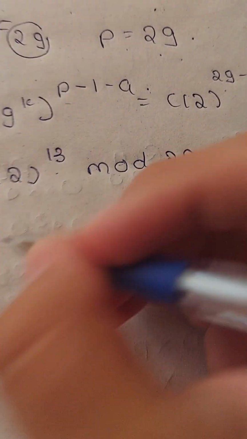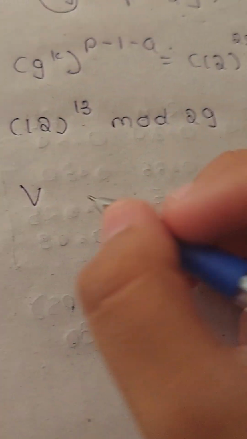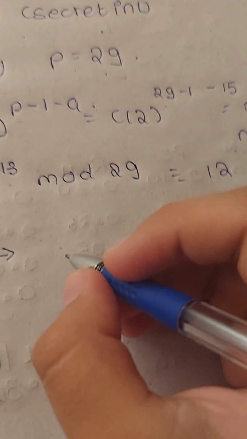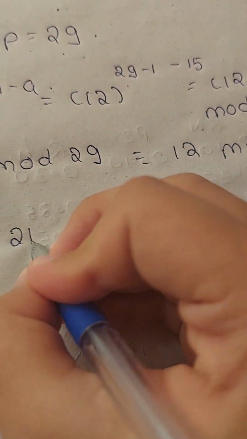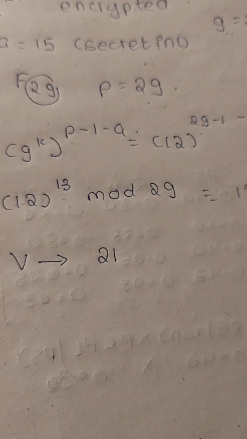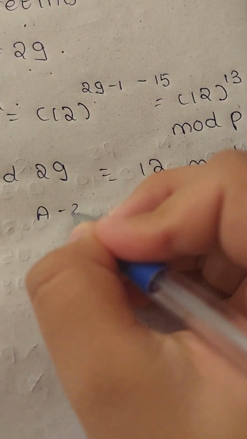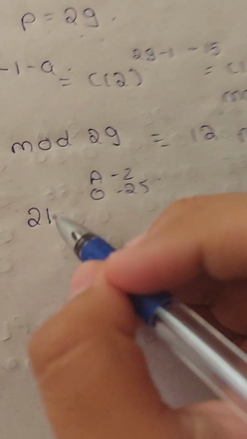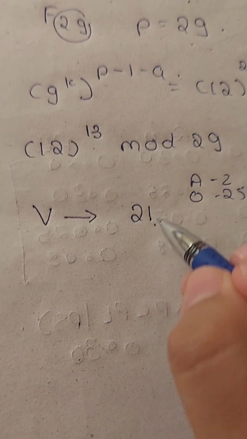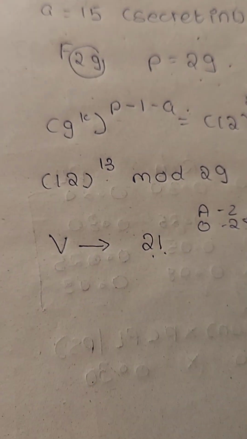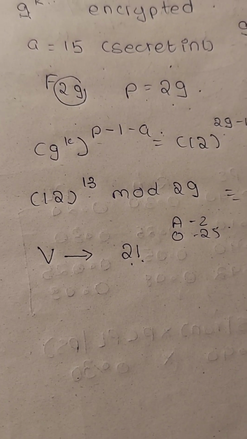Alright. Now we take V and find its decryption. V can be written as 21. How do we write it as 21? If we number A to Z as 0 to 25, V comes out to be 21. So how do we find out what it is decrypted as?